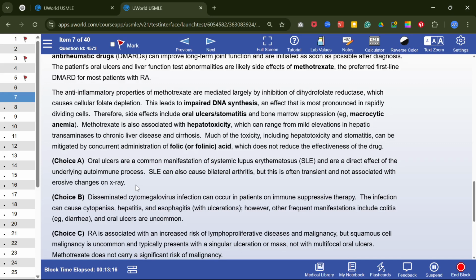Methotrexate is also associated with hepatotoxicity, which can range from mild elevation in hepatic transaminase to chronic liver disease and cirrhosis. Much of the toxicity, including hepatotoxicity and stomatitis, can be mitigated by concurrent administration of folic acid, which does not reduce the effectiveness of the drug.